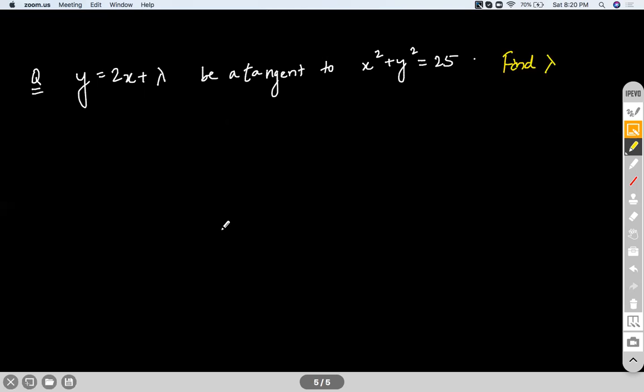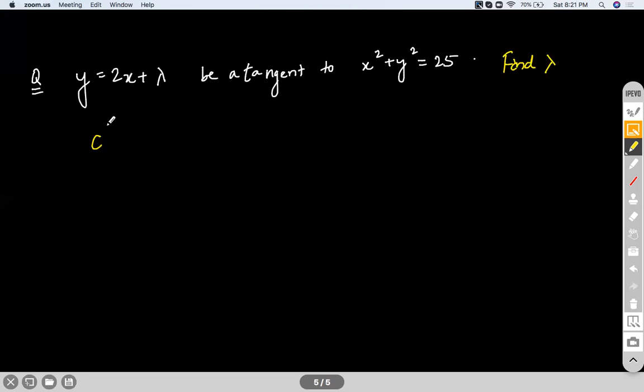Is it 5 root 5? Sir, I'm doing it, 1 second. I think that should be correct.